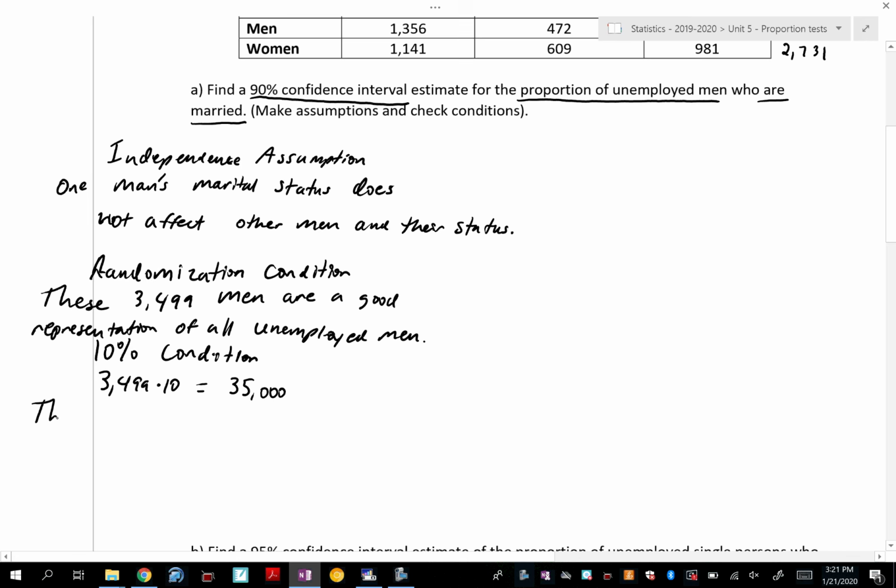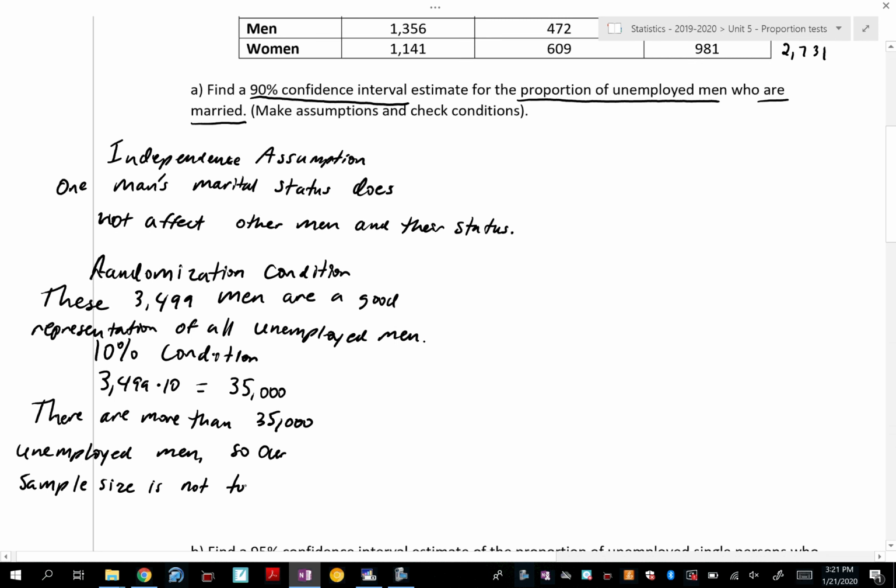So there are more than 35,000 unemployed men. So our sample size is not too large. Okay. I apologize for my handwriting being not great. It's hard to write on this thing.